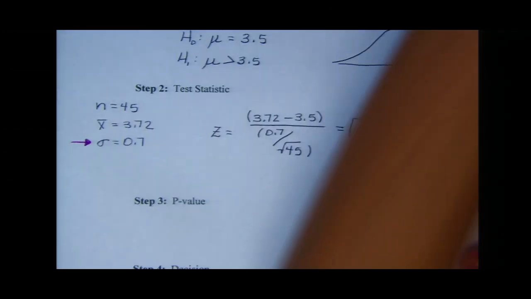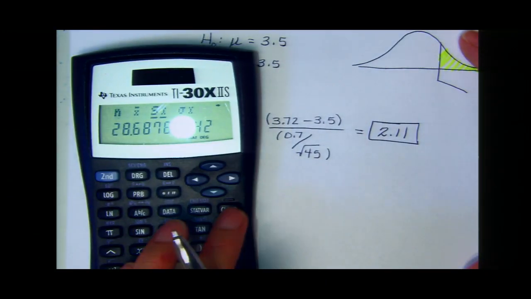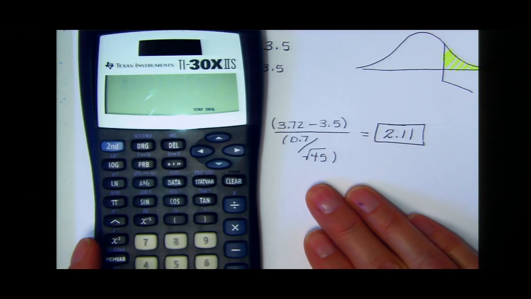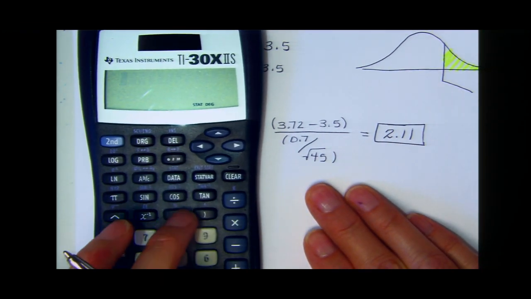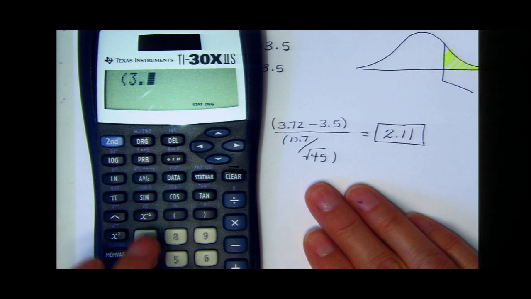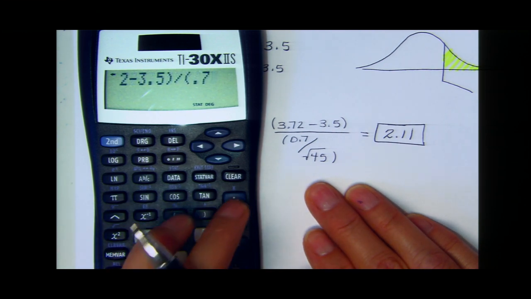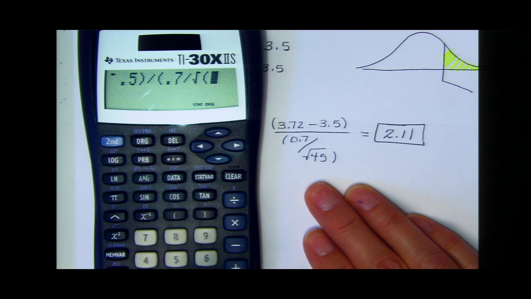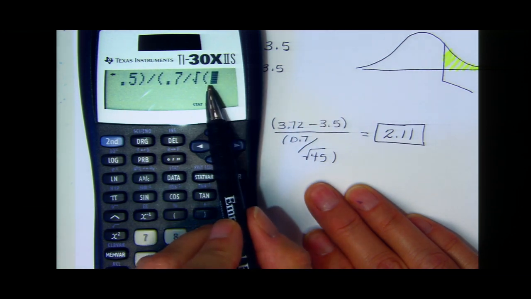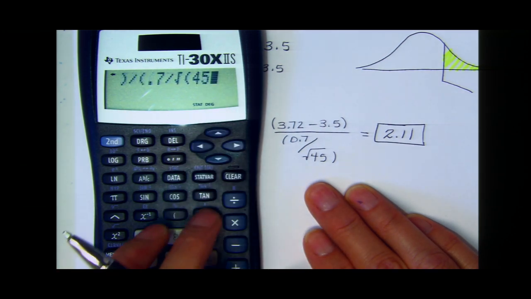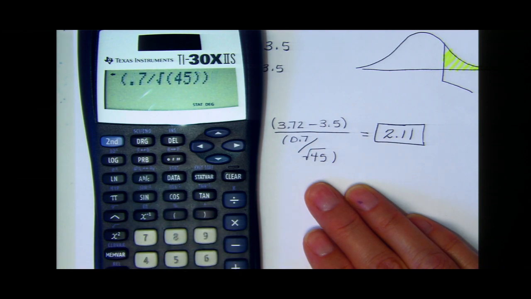Now, if you have a calculator that doesn't do fraction form, then just do open parentheses, 3.72 minus 3.5, close parentheses, divided by open parentheses, 0.7, divided by the square root of 45, close the radical, close the denominator, and I get the same answer.